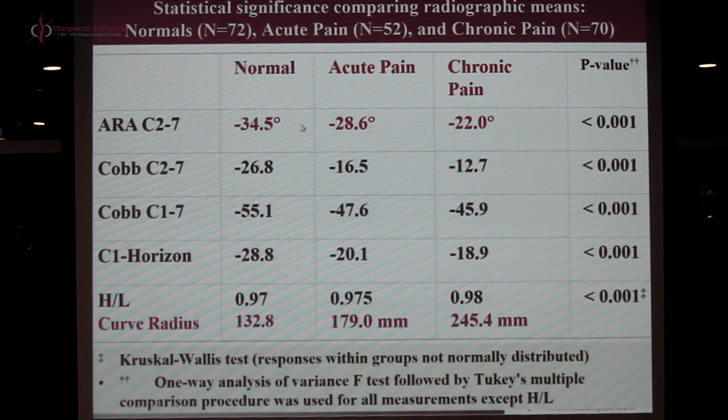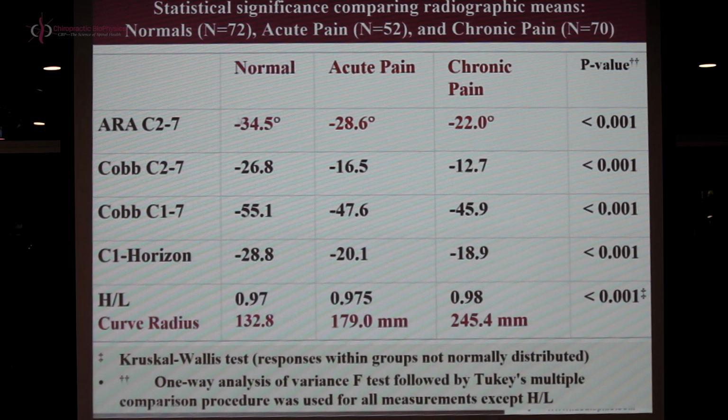This is the total angle of curve between normal, acute, and chronic. Look at the C2 to C7 angle, which is the one we use in chiropractic biophysics. 34.5 degrees for normal, 28.6 for acute pain, 22 for chronic. These are statistically significant differences, right? Cobb angles are different.